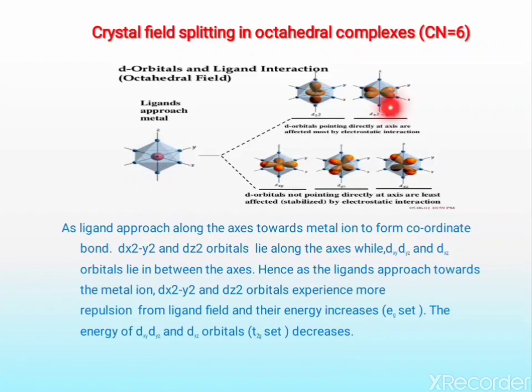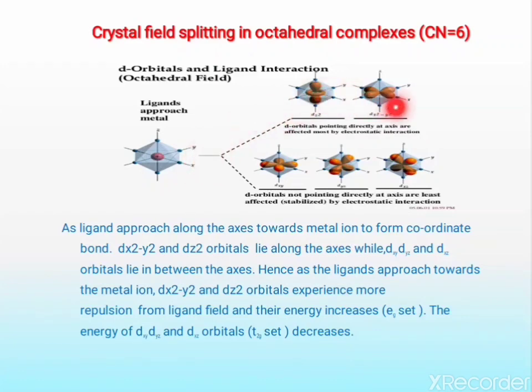The dx square minus y square and dz square orbitals lie along the axis, while dxy, dyz and dzx orbitals lie in between the axis. Hence, when ligands approach the central metal ion, what happens? The dx square minus y square and dz square orbitals experience more repulsion from the ligand field.